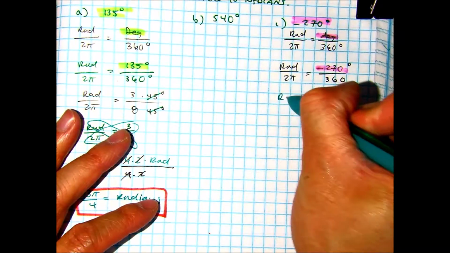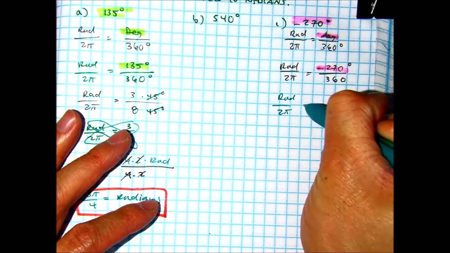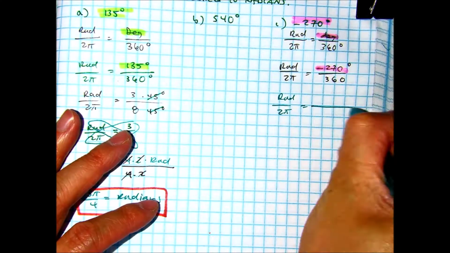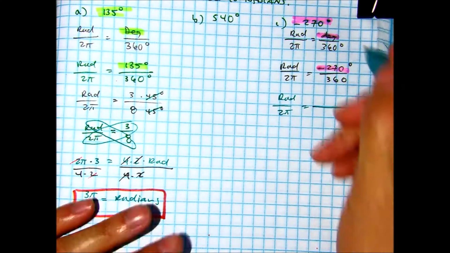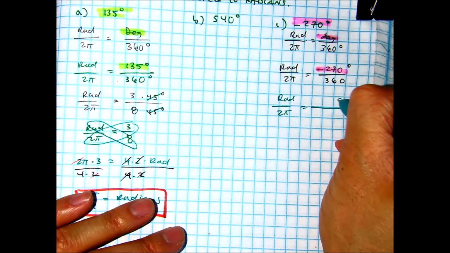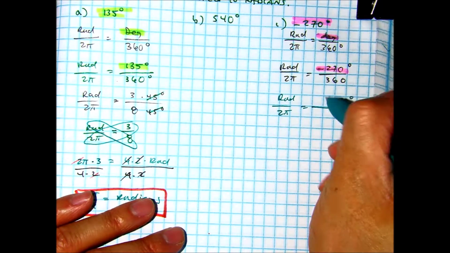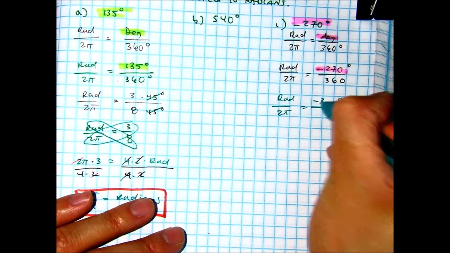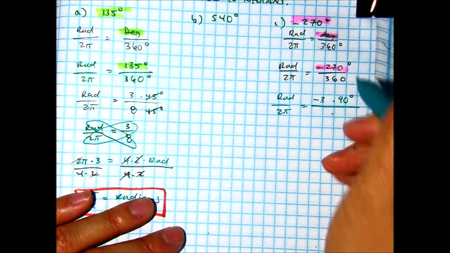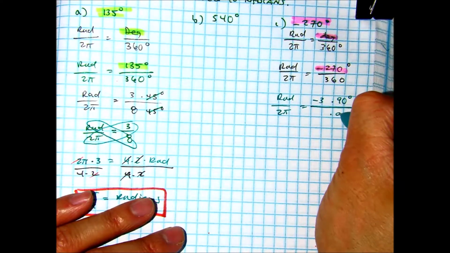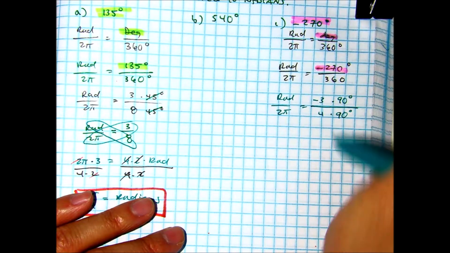Class, what's the greatest common factor? 90 degrees times negative 3. How about 360? 90 times 4.